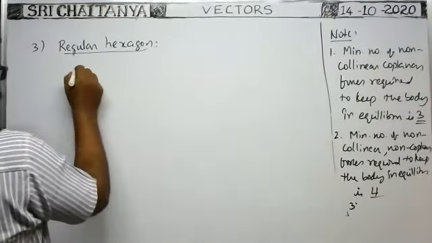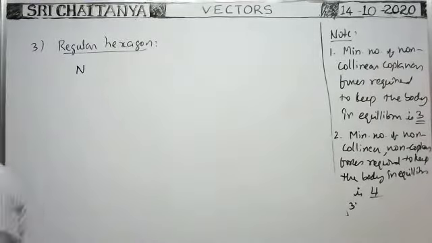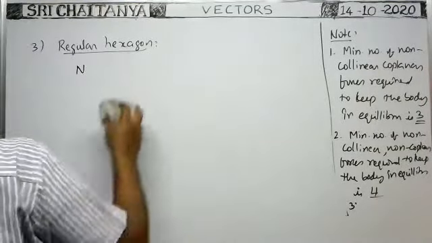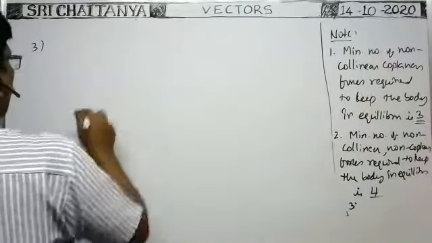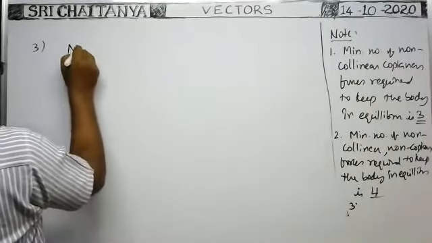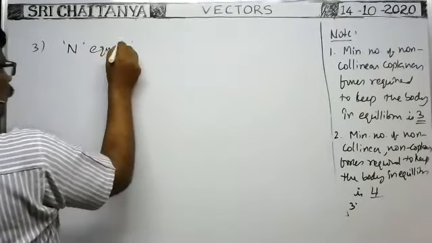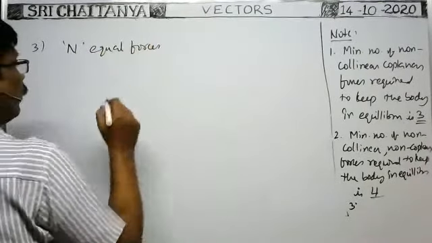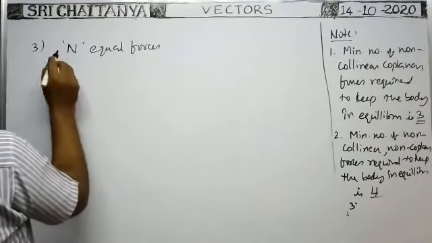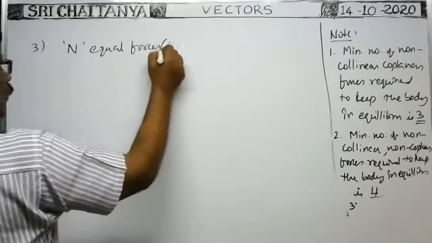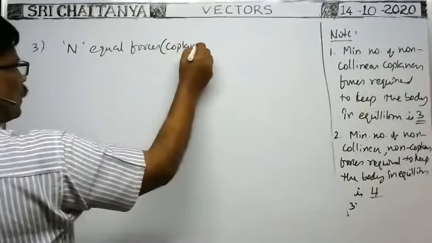Suppose there are n forces, not a regular hexagon. First we will discuss the general case. Suppose n equal forces are there. N equal forces means coplanar. These are coplanar forces.